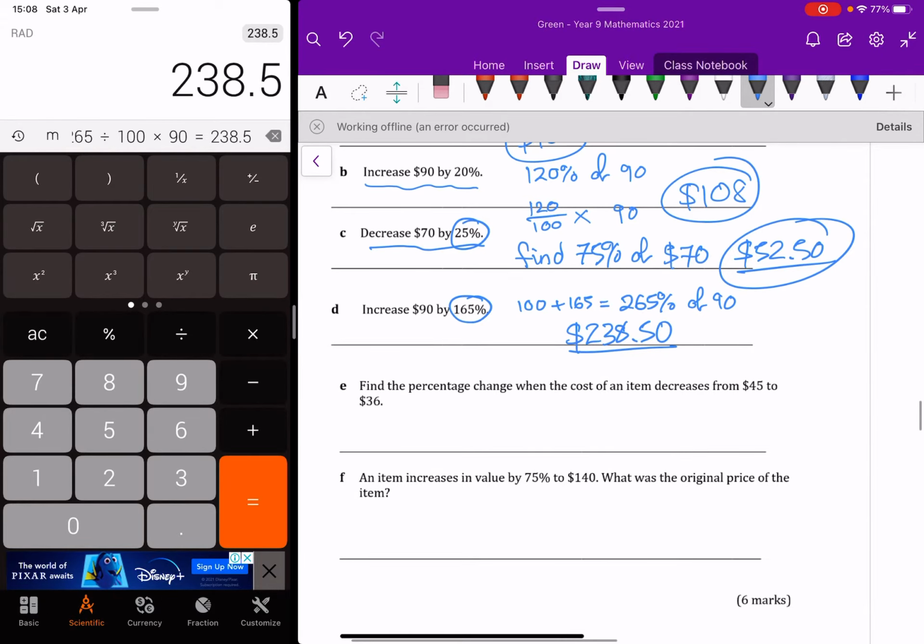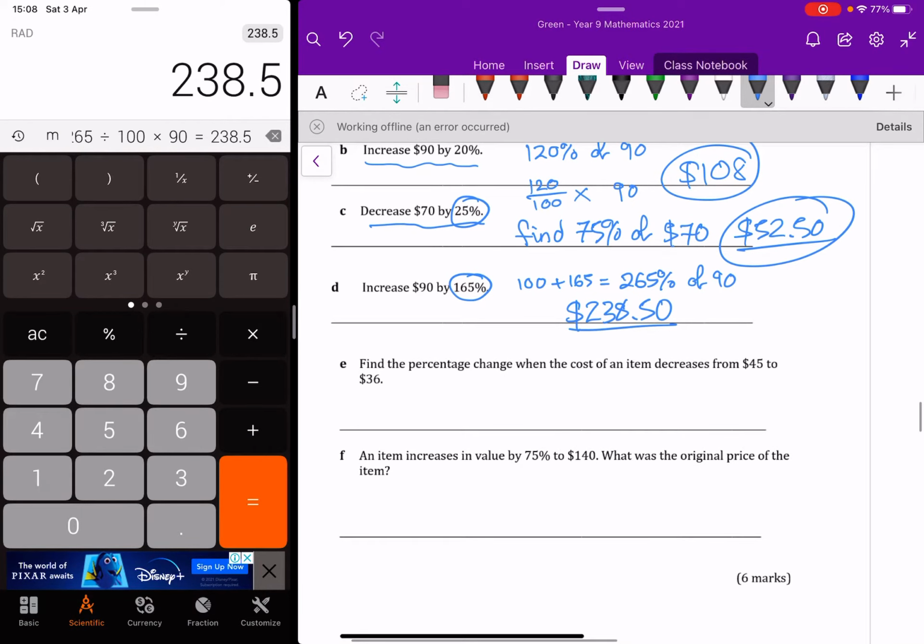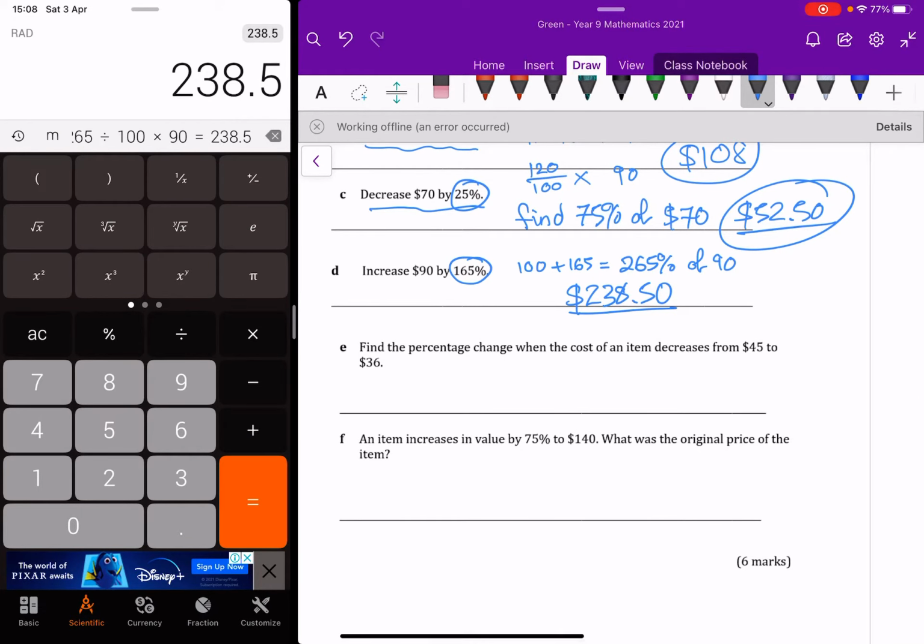Find the percentage change when the cost of an item decreases from 45 to 36. So there's a couple of different ways that we can do this, but essentially it's decreased by $9, or we can look at it a bunch of different ways.